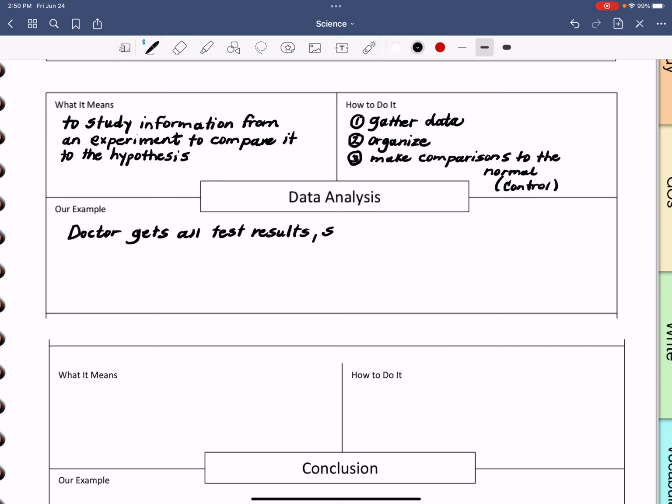He will study them and compare them to normal, a person who has no heart problems, compared to Sam's.